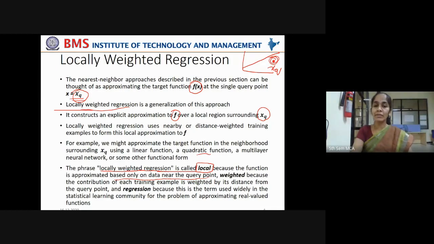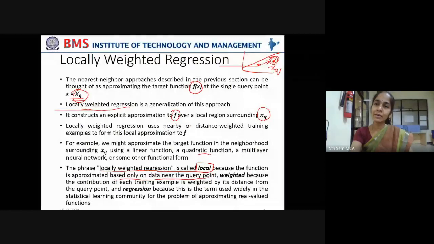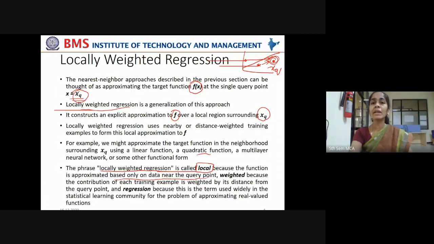Okay, and why do we call it weighted? Because the contribution of each training example is weighted by its distance from the query point. Now, say this data point near this XQ is given a larger weight. Some other data point is also a neighbor to this XQ, but it is a little farther away from the new data instance, so it will be given a lesser weight.